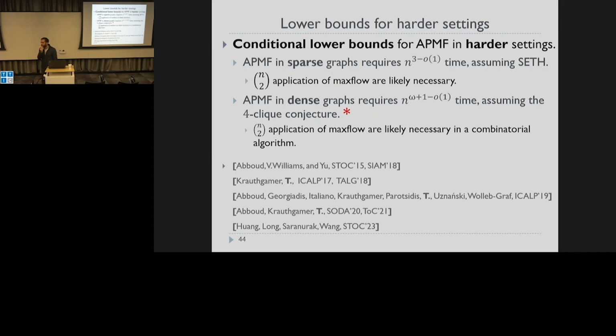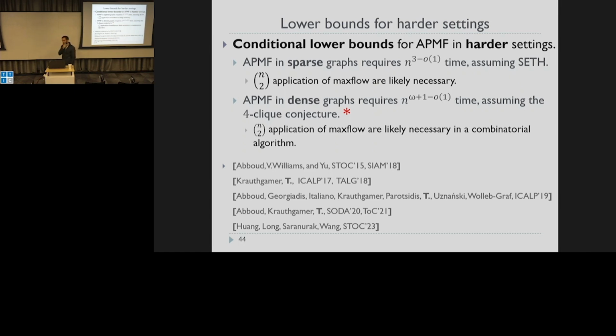Is there a reason that you need SETH and not just ETH? Yes, ETH doesn't assume anything about the concrete constant in the exponent. It is typically helpful in NP-hardness more, not specifically in fine-grained complexity, because you do need the more precise constant in order to show that n³ is the running time.